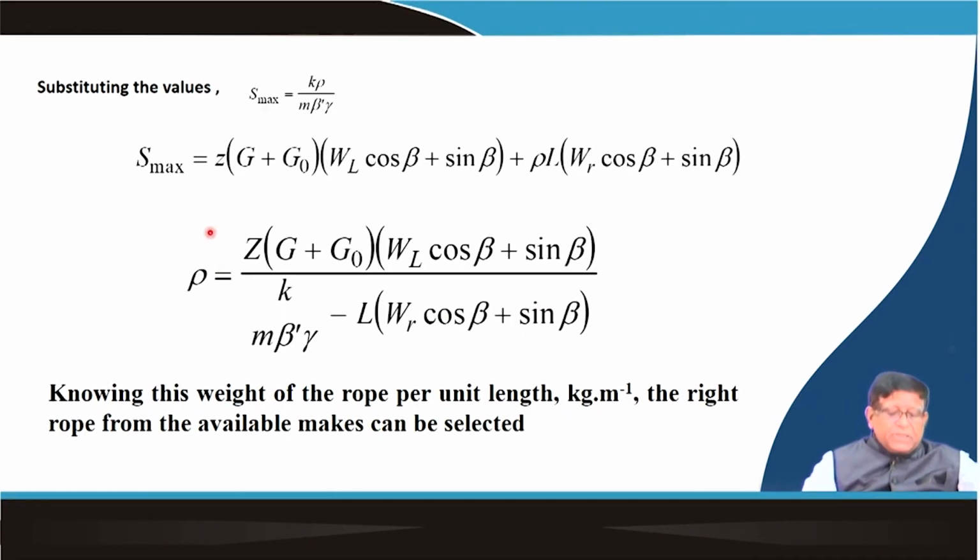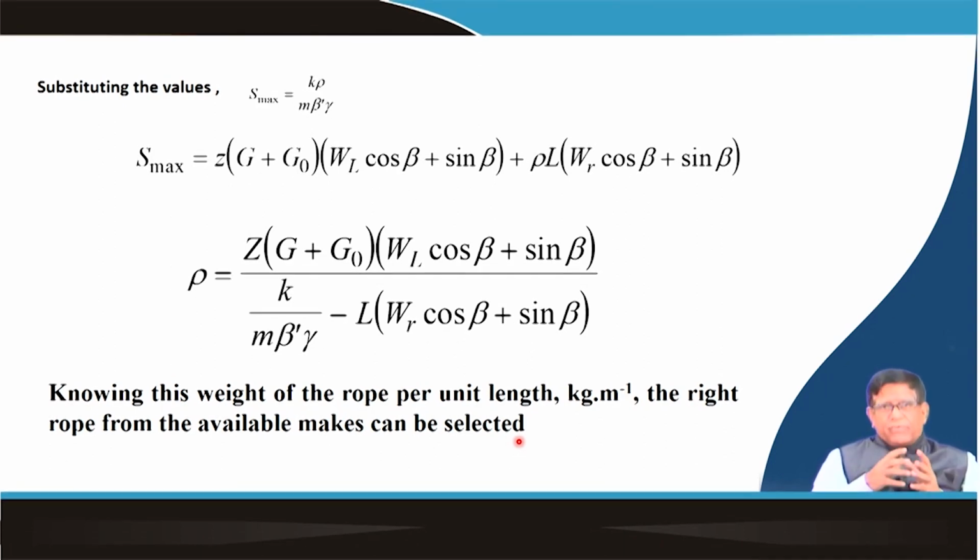So, knowing the weight of the rope per unit length, the right rope from the available makes can be selected, because whether it is a 6 strand rope, 8 strand rope, or half lock coil rope, the different types of ropes manufactured by different companies will be given, and then from those catalogs or manufacturer leaflets you can calculate it out.